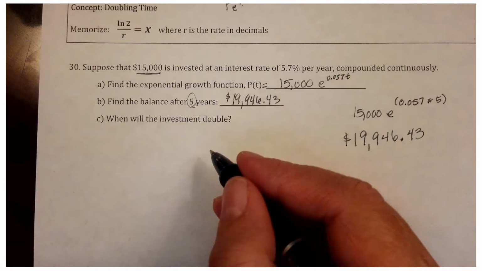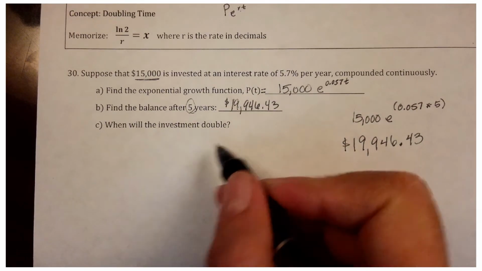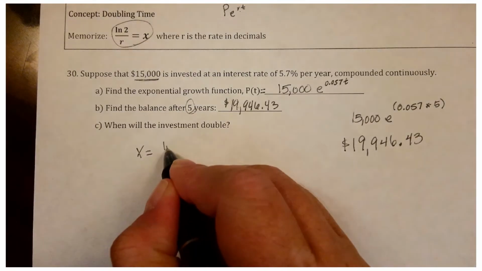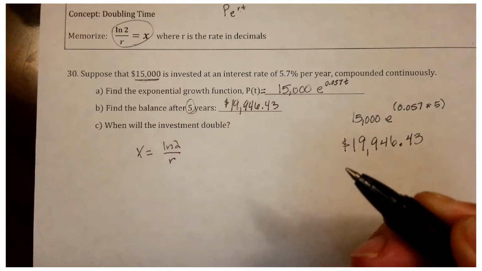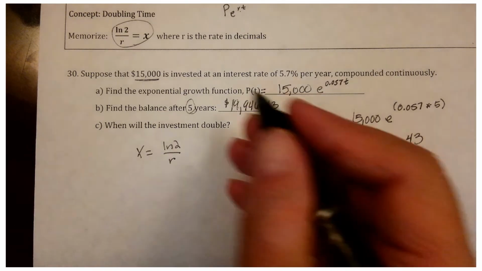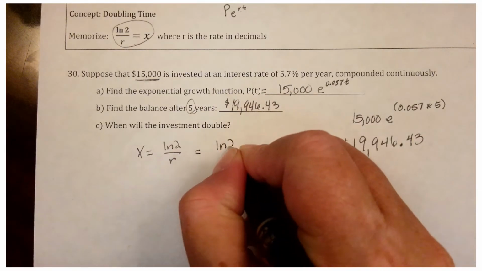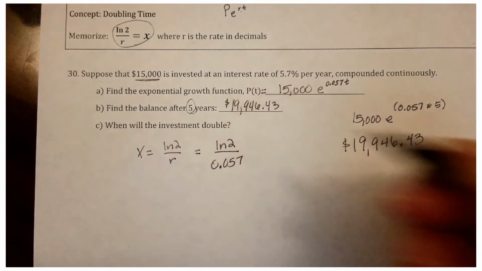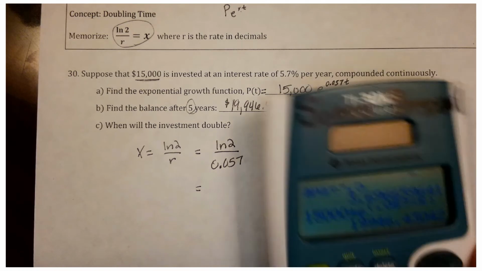So for this problem, when will the investment double? We're going to use this formula. X equals natural log of 2 over R. Again, the only thing that matters is the rates. So we've got natural log of 2 over 0.057. Let's put that in the calculator and see what we get.